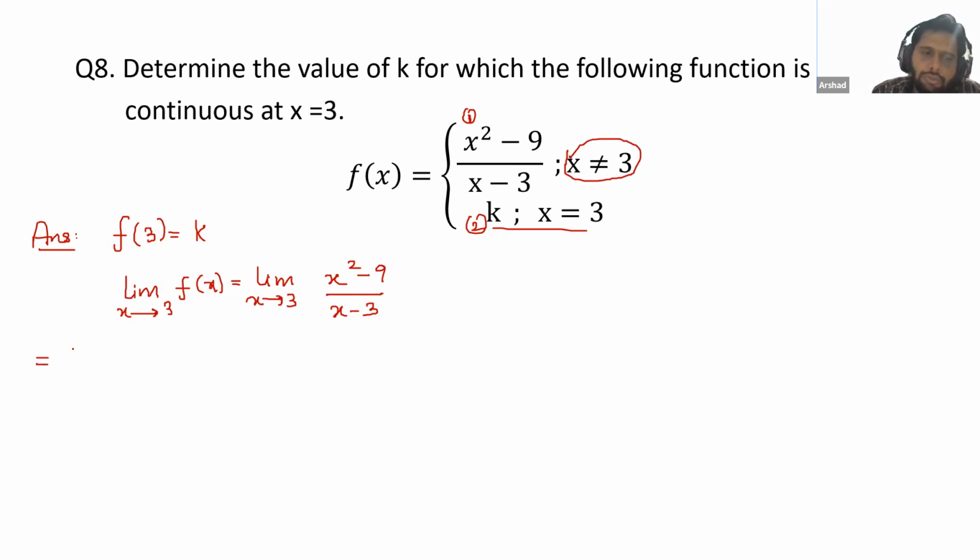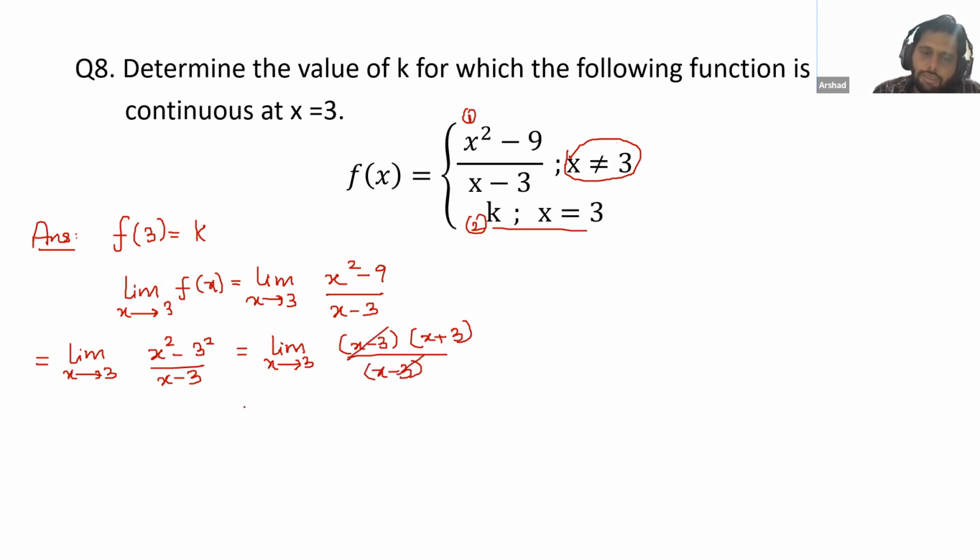Now this is equal to the limit as x tends to 3. Okay, we will solve this. If we put this limit directly, we will get 0 by 0. Please check here: 9 minus 9 is 0, 3 minus 3 is also 0. So what we will do, we will factorize it. We write x square minus 3 square by x minus 3. This is equal to the limit as x tends to 3 of (x minus 3)(x plus 3) by (x minus 3).